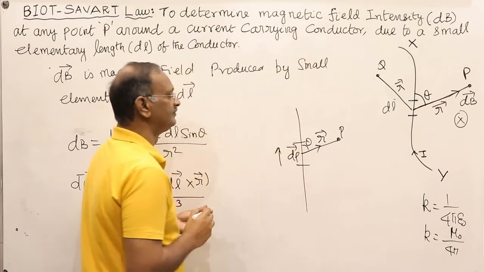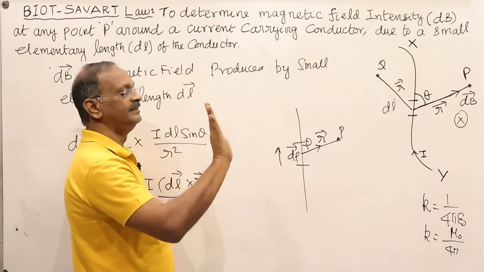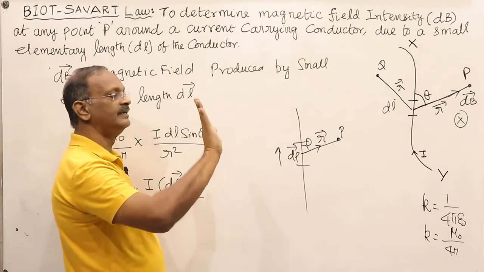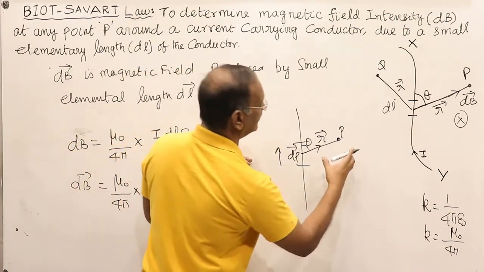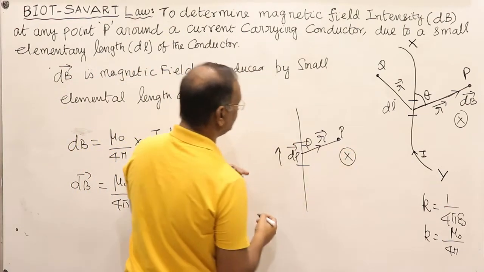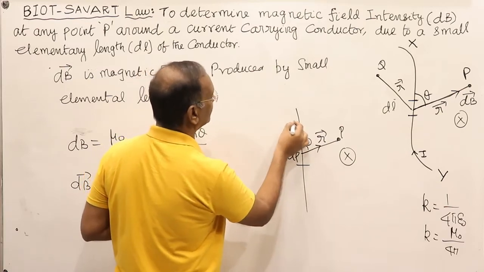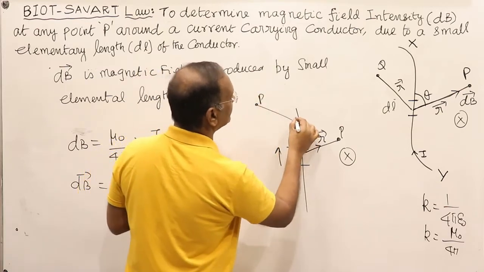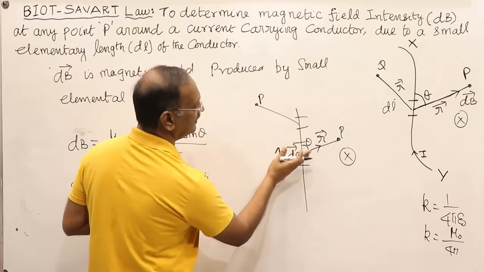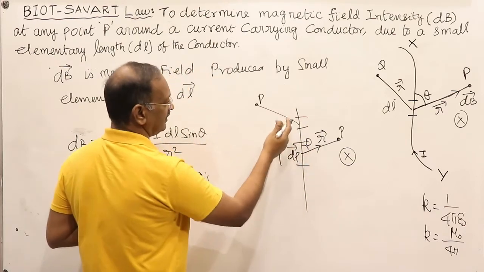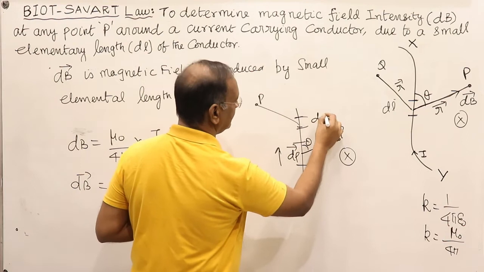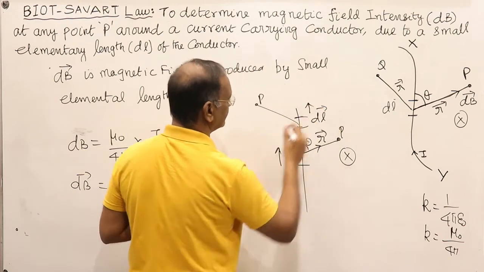So palm rule, dl to r, it means at this point it will be inside. Suppose we want to find out at this point P, due to the same current element, it will become mixed up. So I write it here. This is a dl vector in this direction.